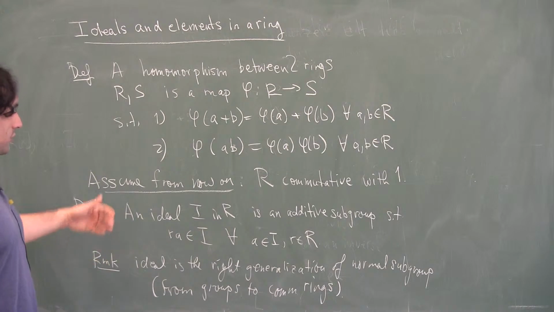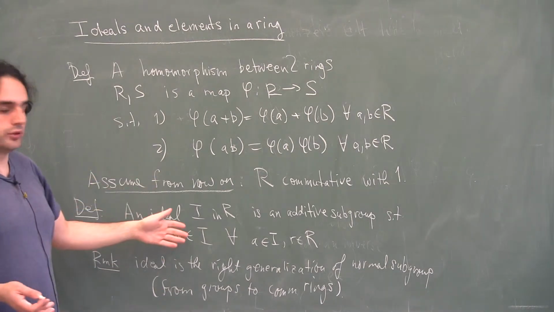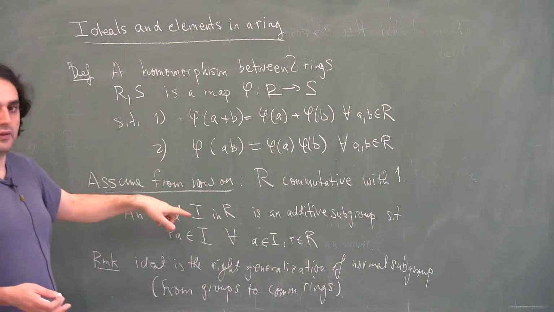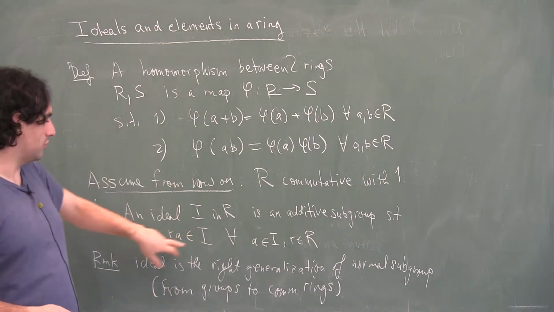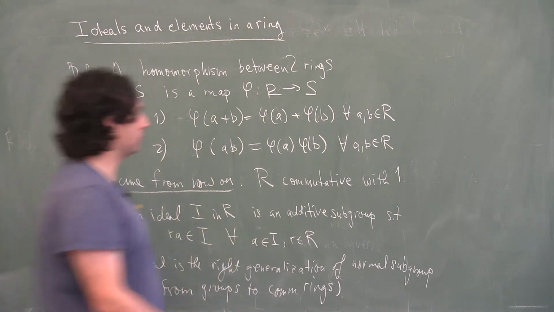Okay? To see this, you have to try to define a ring structure on the quotient by an additive structure, and you will see that for that to make sense, you exactly need this condition to be satisfied.